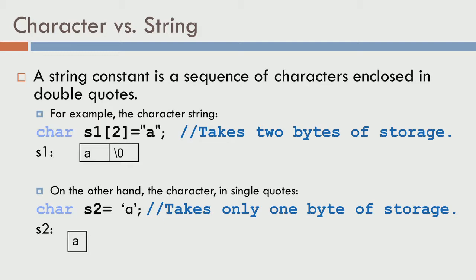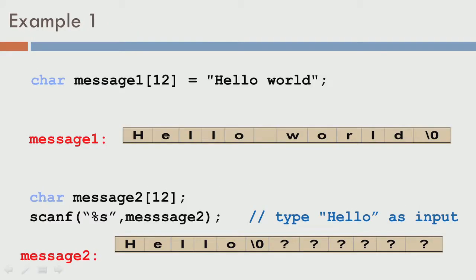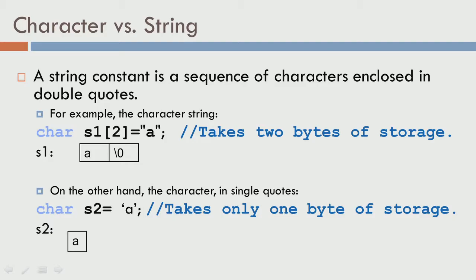So, in this example, at the top, S1 of 2 is declared to be a character array. So, S1 is a character array of size 2, and equals within double quotes A means the right side is a string expression, and in the string expression, remember A is a character, and because it is a string, \0 is always part of it. So, this will require 2 bytes of storage.